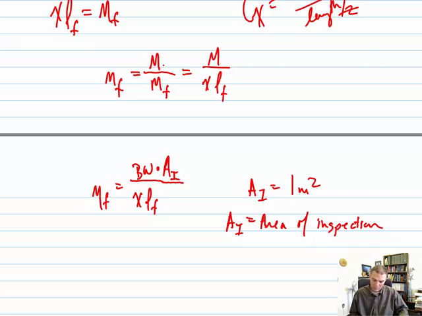So now once we know the total number of fibers falling onto an area of inspection, we would like to determine exactly what the average number of fibers is that fall. Let me go back here.